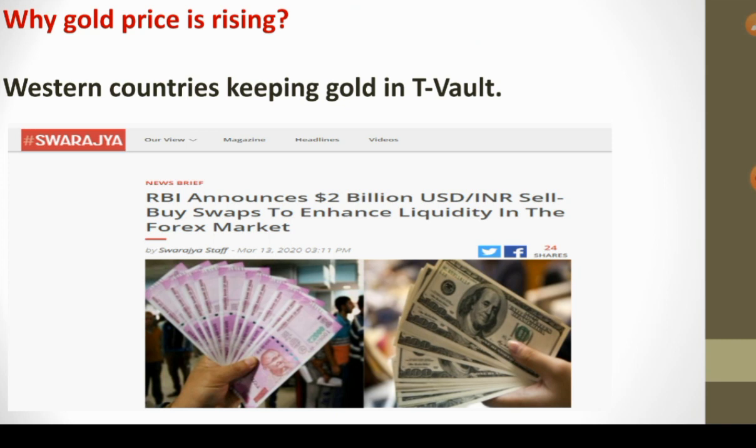Every investment company invests in gold, because gold is the safest thing in the world due to its limited supply. In the last 15 years, the gold price has moved from 10,000 to 50,000 rupees, almost 5 times. So that's a safe investment. That's why Western countries are importing more, and their treasury vaults are full of gold, and that's why the gold price is rising.